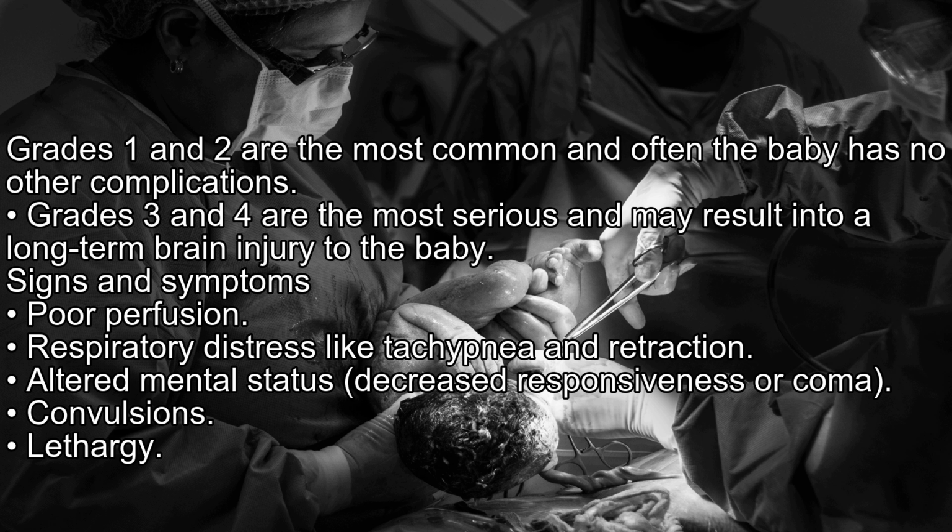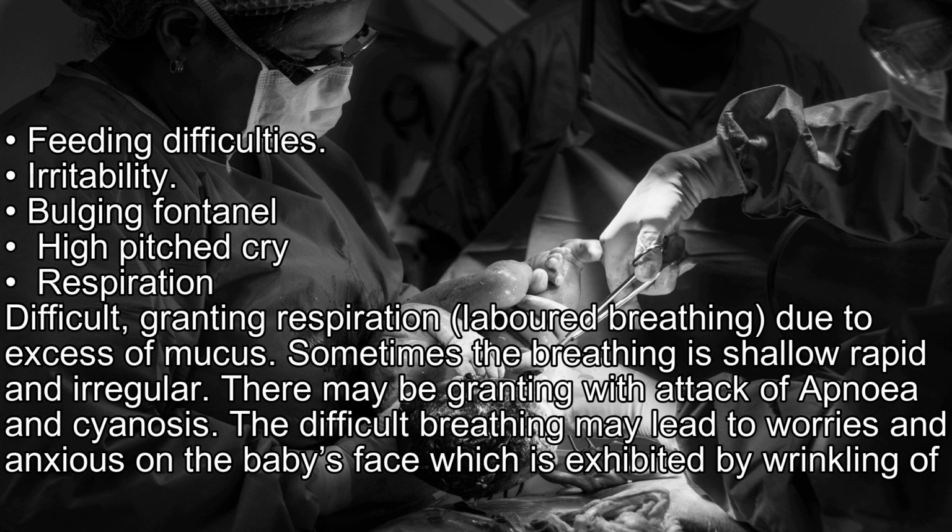Signs and symptoms: poor perfusion, respiratory distress like tachypnea and retractions, altered mental status, decreased responsiveness or coma, convulsions, lethargy, feeding difficulties, irritability, bulging fontanelle, high-pitched cry, difficult grunting respiration, labored breathing due to excessive mucus.